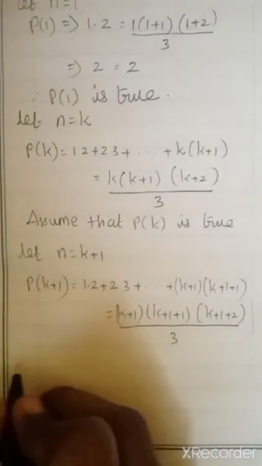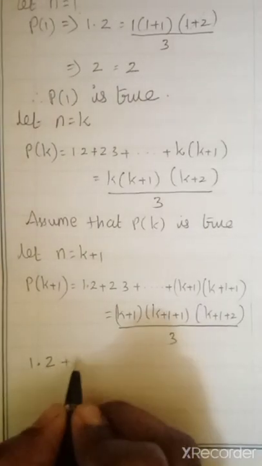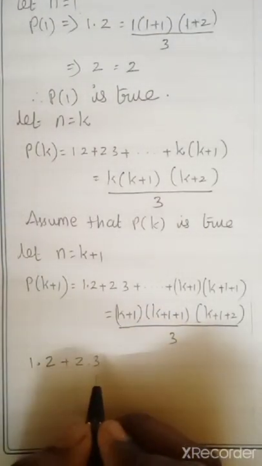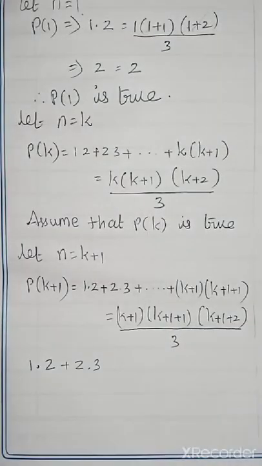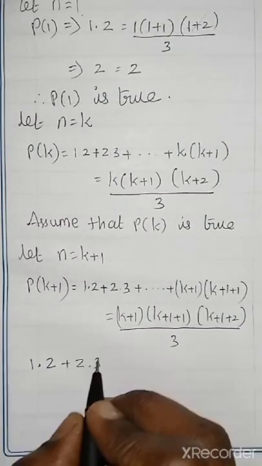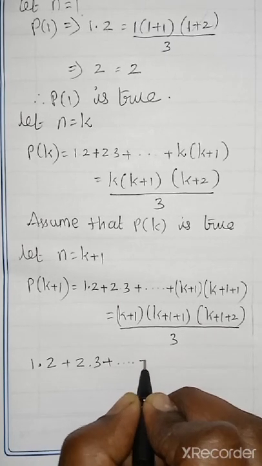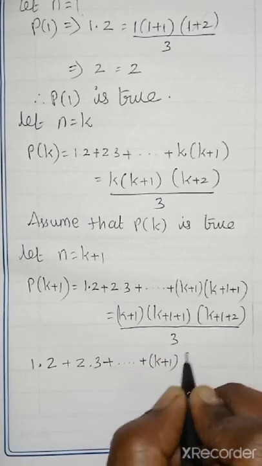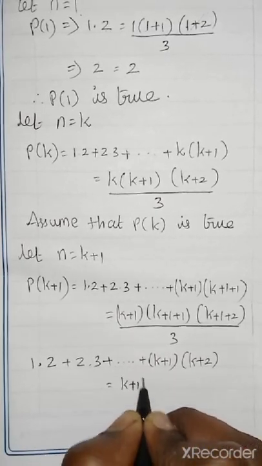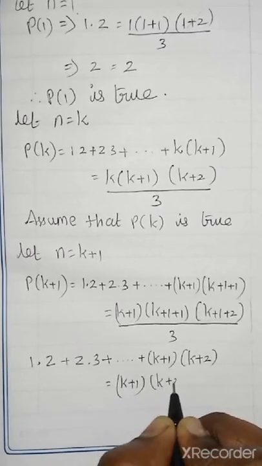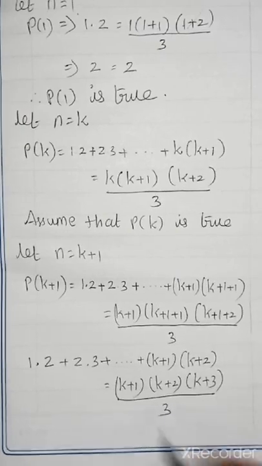If we write this again in the correct format, we get 1.2 plus 2.3 and so on, up to plus k plus 1 into k plus 2, equal to k plus 1, k plus 2, k plus 3 divided by 3. Correct?